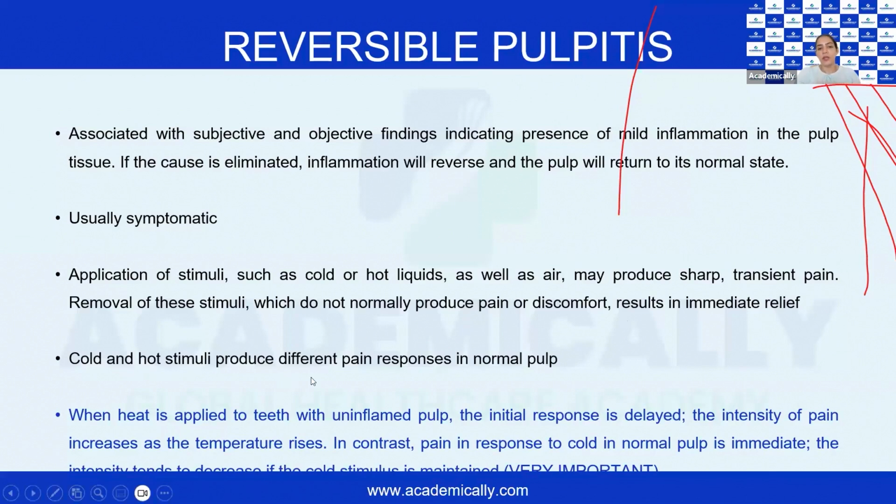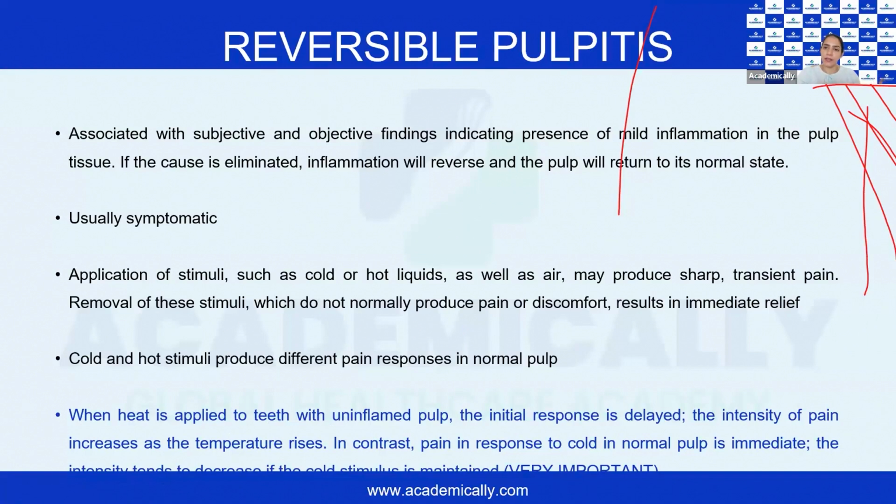Cold and hot stimuli produce different pain responses in normal pulp. When heat is applied to teeth with uninflamed pulp, that is the healthy pulp, the initial response is delayed. The heat is mostly attacking the C fibers.